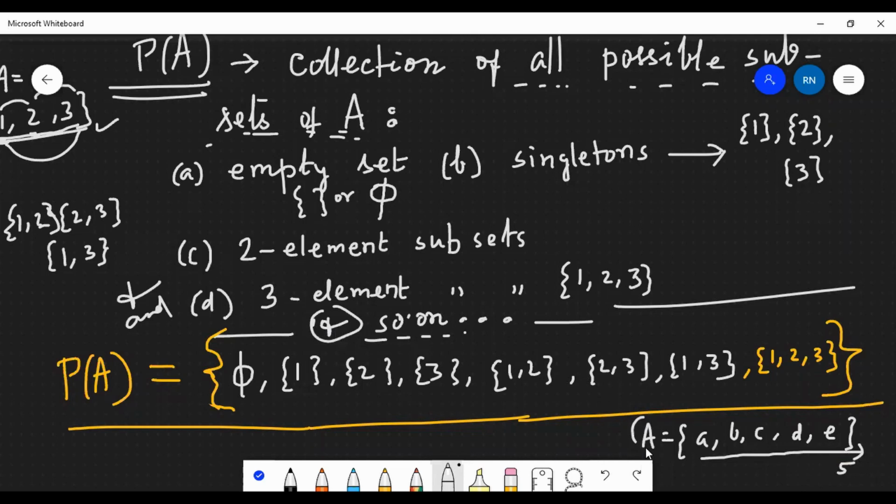So until all elements of set A are exhausted, like we stopped here with the 3 element subset. Why?